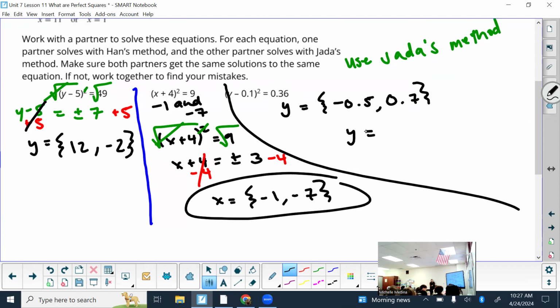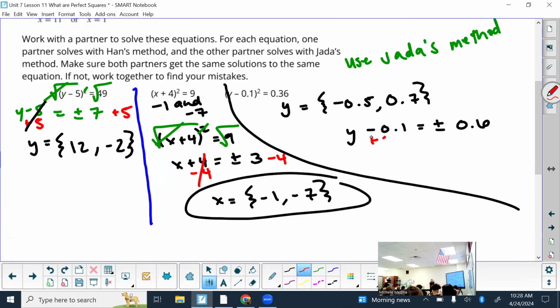That makes it y minus 0.1. And the square root of 0.36 is plus or minus 0.6. No, 0.6 is right. Okay, anyway.